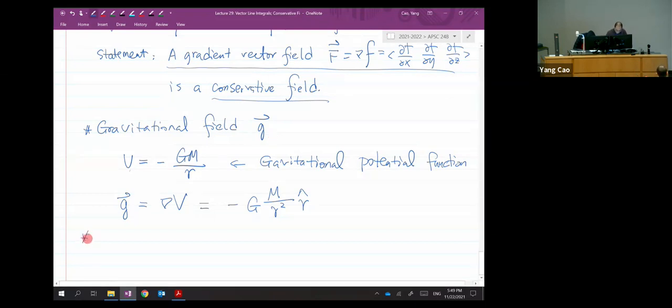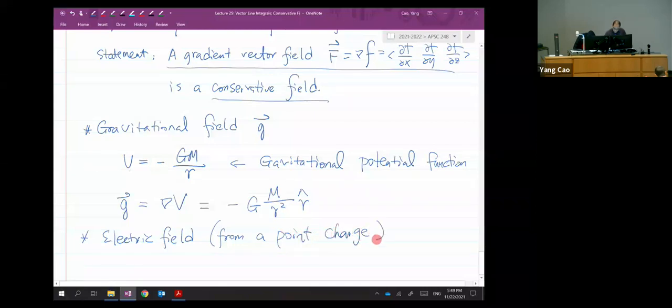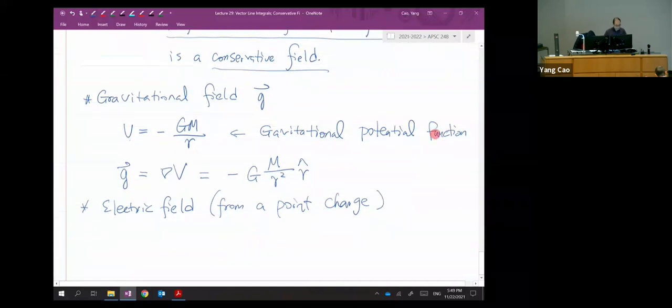Another example of a conservative field is the electric field. We're talking about the electric field from a point charge. If you have a charge or a particle Q in 3D space, then there exists an electric field due to this charge.